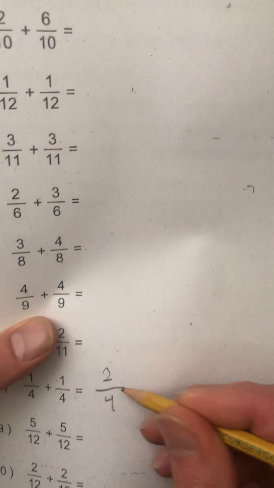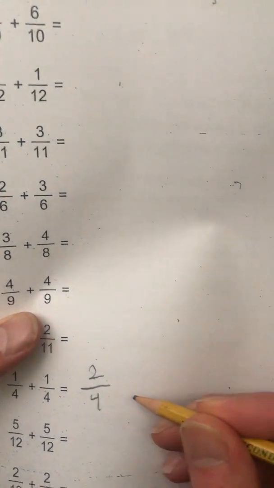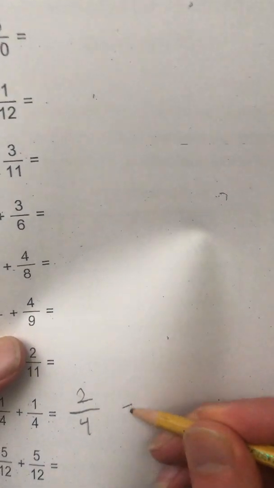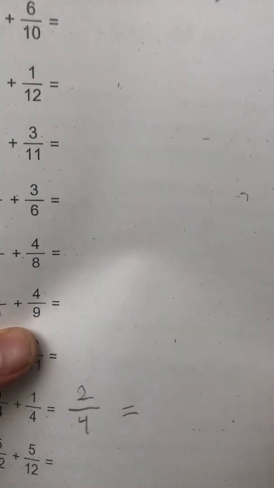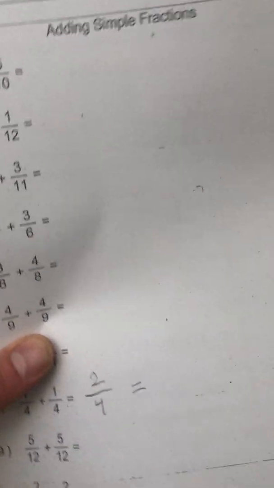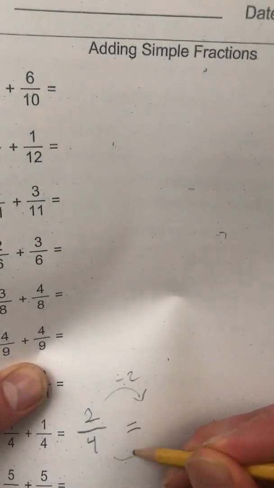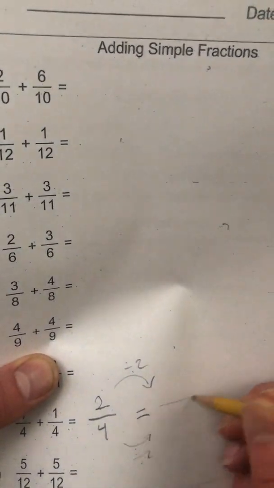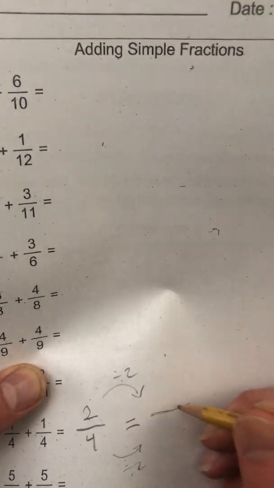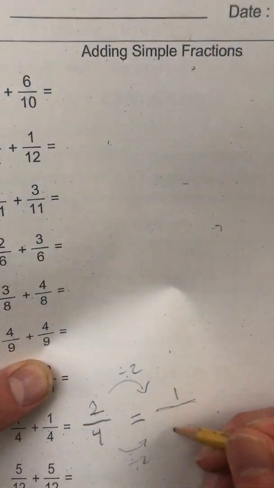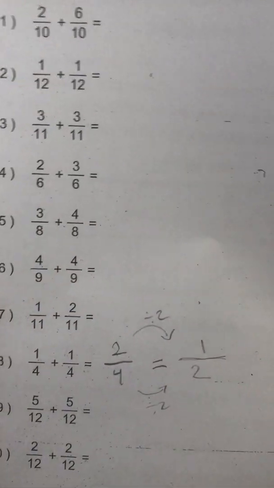And it says 2/4. And now I'm gonna see if I can go for some bonus points here and simplify it and put it in its simplest terms. So now once I have that, I know I can half 2, and get 1, and half 4 and get 2. So that's your challenge too.